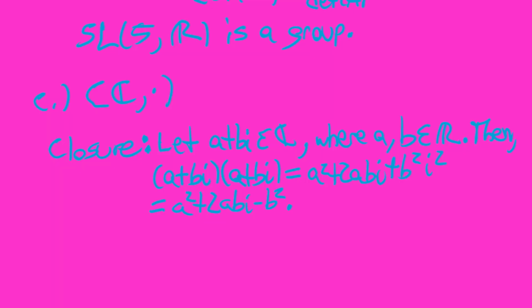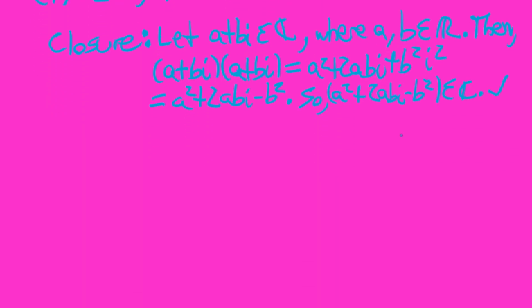And this is still technically in the form A plus BI, which we need to be an element of the complex number set. So A squared plus 2ABI minus B squared is an element of the complex number set. And we have closure under our binary operation.